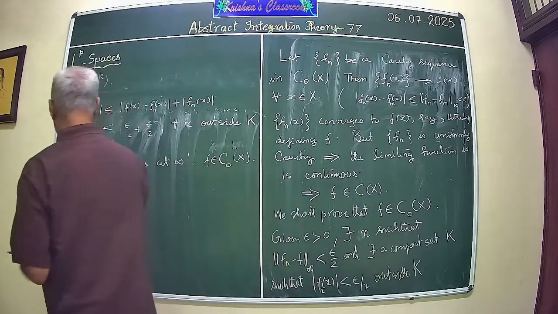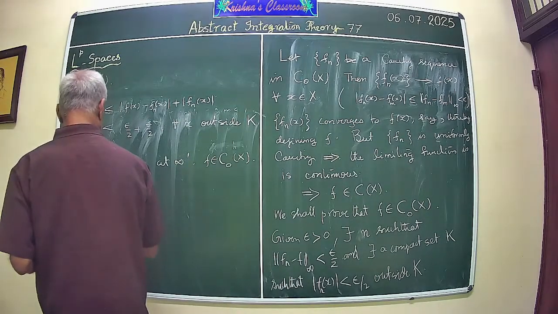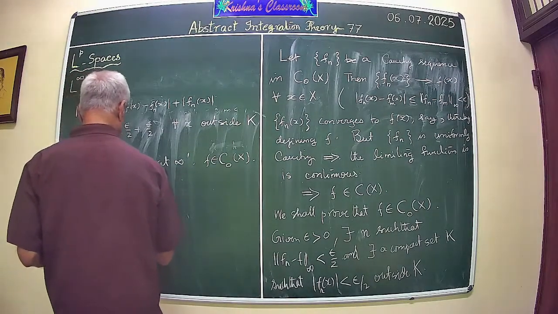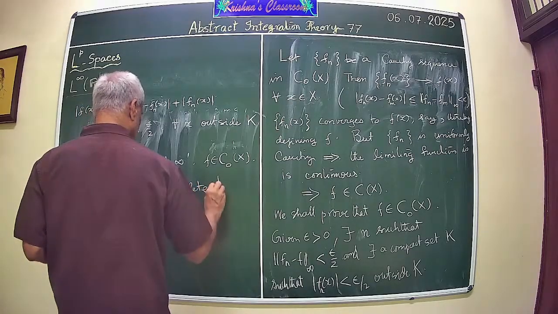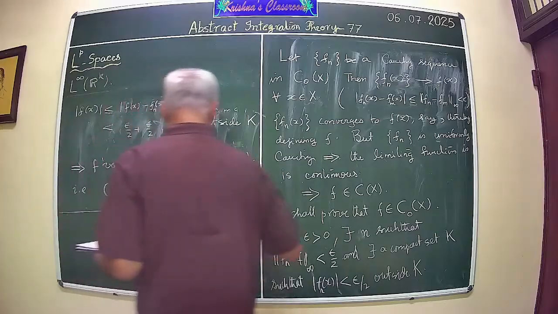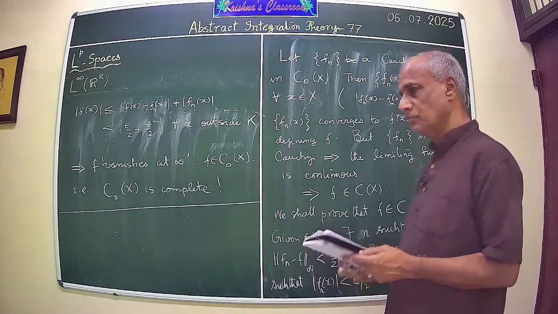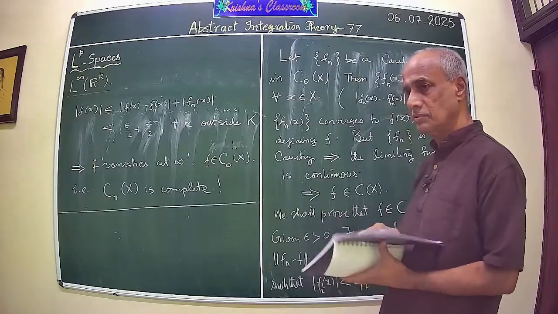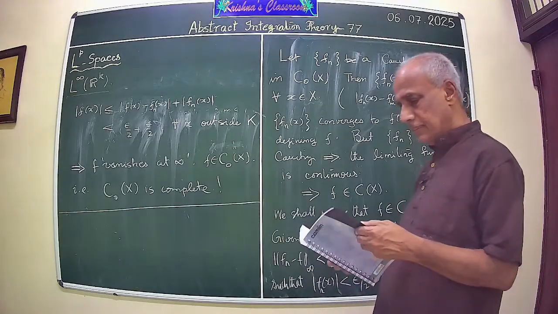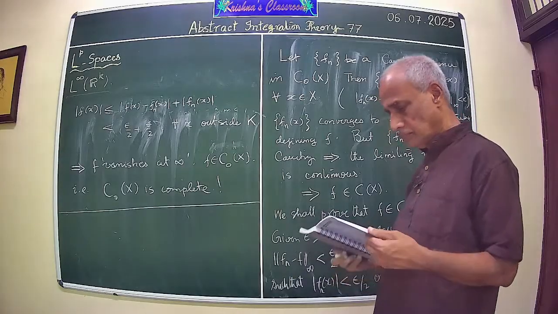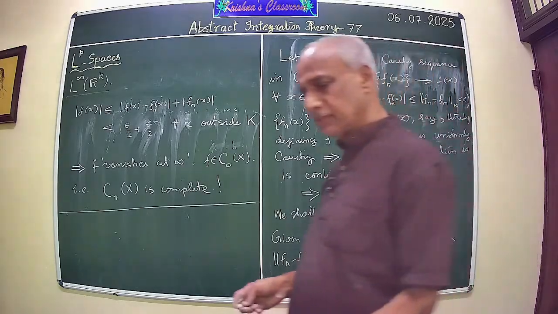So C naught x is complete. So what we have proved in the first stage is that CCX is dense in C naught x and C naught x is complete.